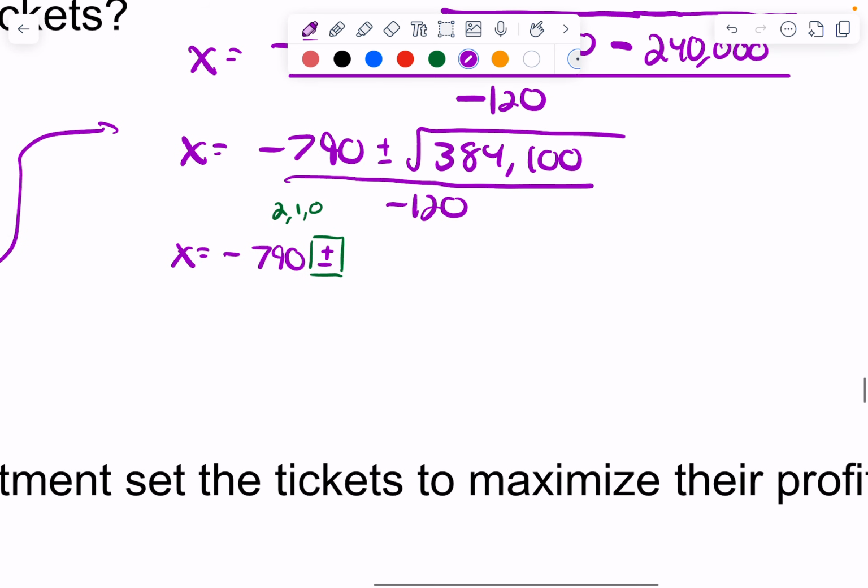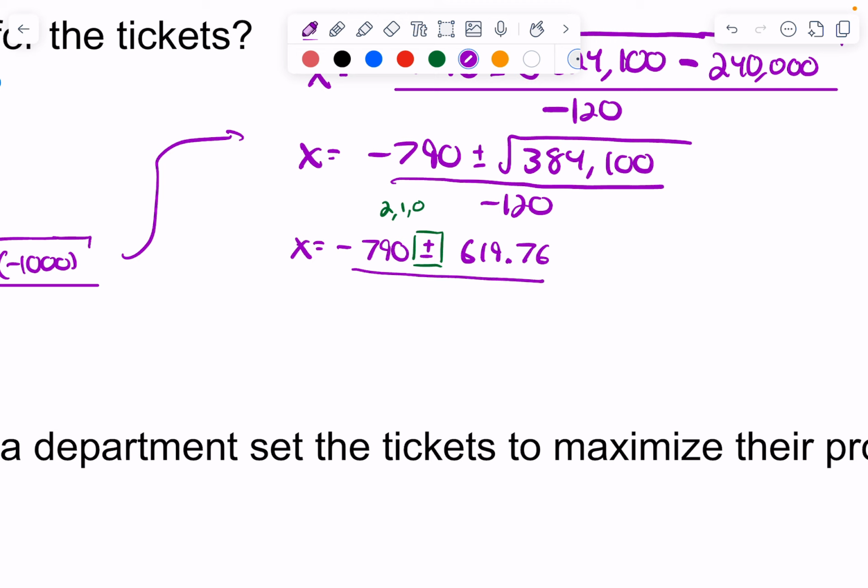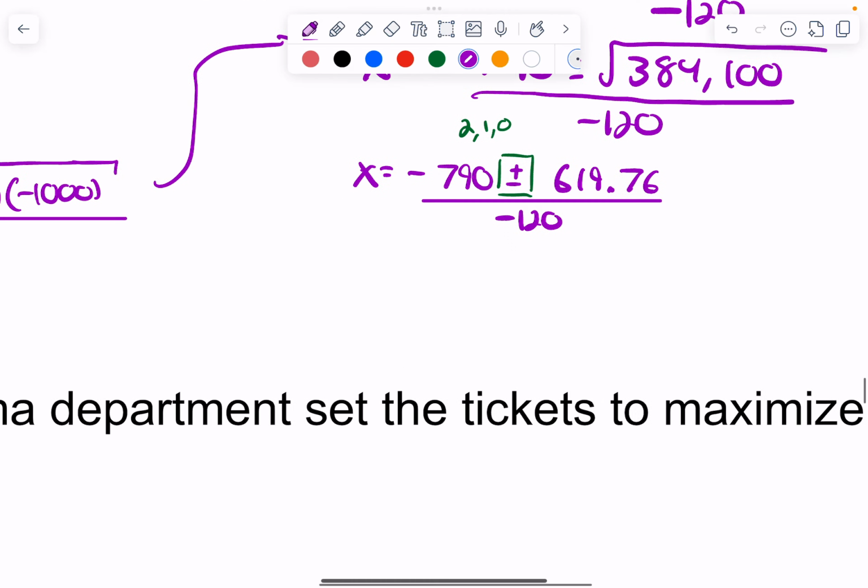So we're plus or minusing, and taking the square root of 384,100 gives us 619.76. Two decimal places is enough. All over minus 120. Now, in the quadratic formula, you have to do one scenario where you're dealing with the positive.